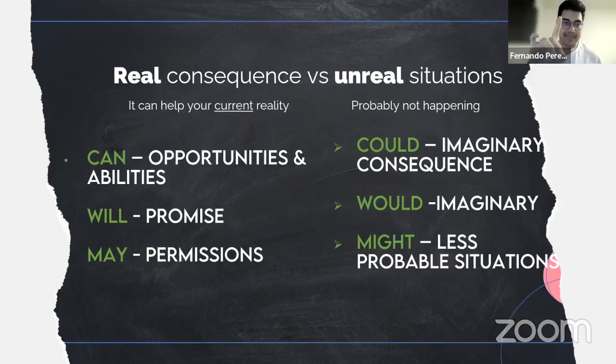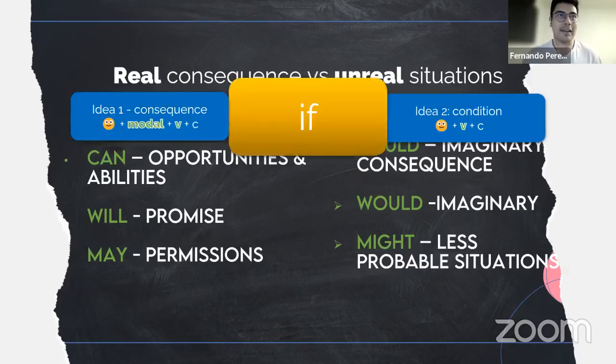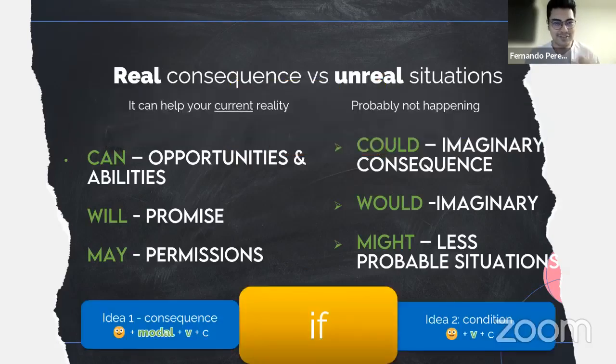Now, check this out. You cannot speak unreal with can. You cannot say imaginary situations with can. Can is true. What is very, very interesting here is that the formula, the condition, is a little different.